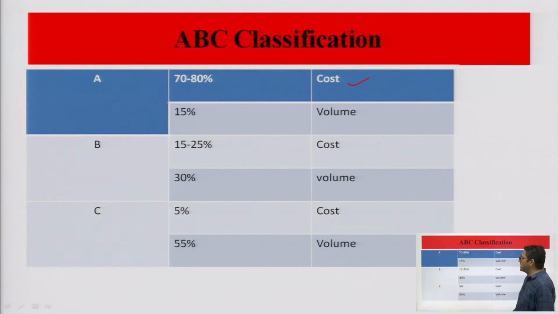So, just for example, for the goods in category A, we have a criterion that they cover 70 to 80% of the cost.